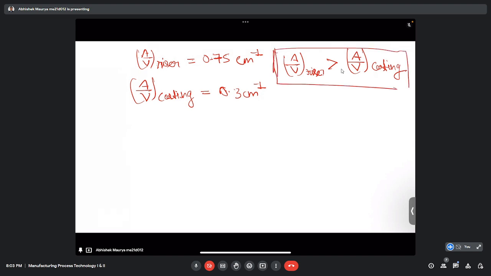Our riser will solidify earlier, whereas our casting will solidify later. So it means whatever dimensions or design we have got, it will not work, because our riser will already have solidified. It will not be able to supply the metal to the casting.